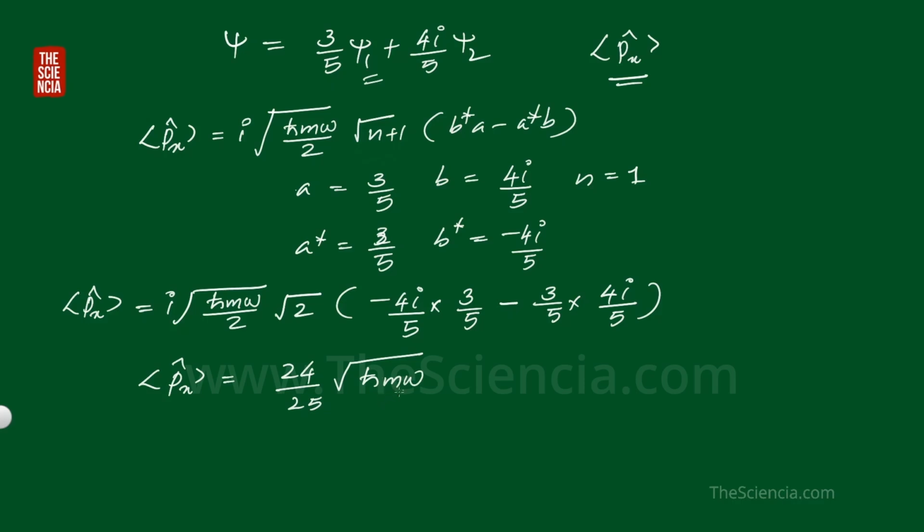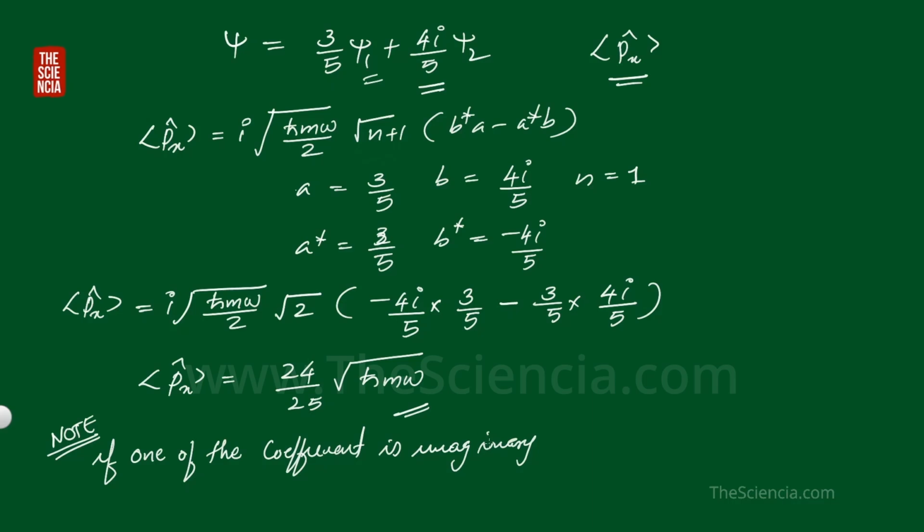So here also we got the expectation value for px, and here you see one of the coefficients contains a complex term, right? We can make a note. If one of the coefficients is imaginary, that is, we are discussing linear combination of states, then the expectation value of px will not be equal to 0.